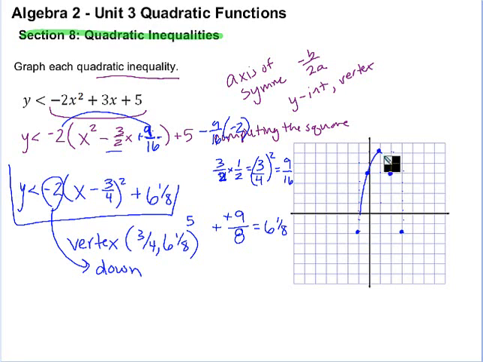Now we can connect those, and there we have our parabola. Taking a look, this says y is just less than. So it looks like I should have graphed this as a dashed line. So let's see, we'll just undo it and regraph it as a dashed line.